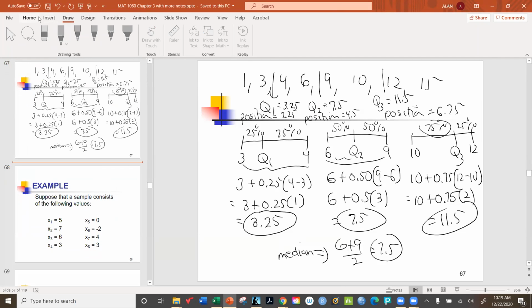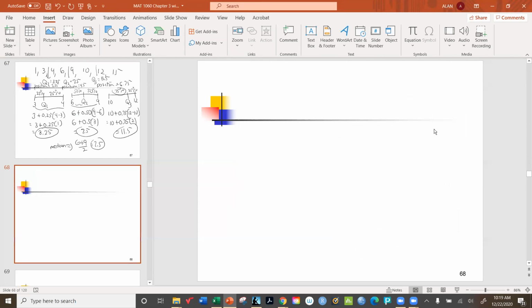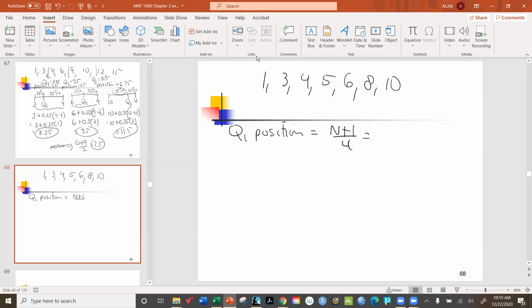Let's try another one where that actually happens to be the case. Let's say that your data are 1, 3, 4, 5, 6, 8, and 10. Okay, so now the Q1 position is n plus 1 over 4.